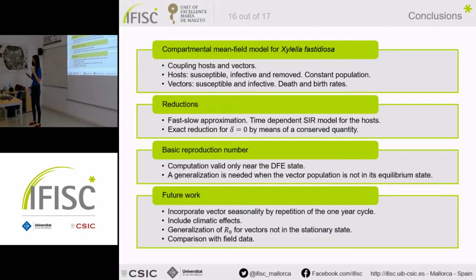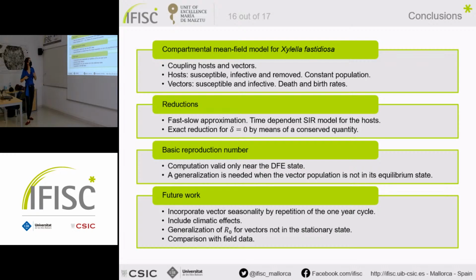For vectors, on the other hand, we have used two compartments, susceptible and infective, and we've included their death and birth rate for them. We've done several reductions of this model, one via fast-slow approximation, which leads to a time-dependent SIR model for the host, and an exact reduction has been done in the case of delta equal to 0 by means of a conserved quantity that we have derived.